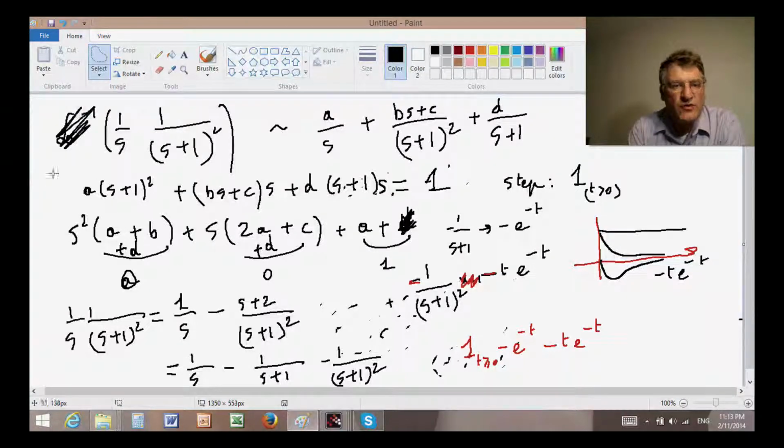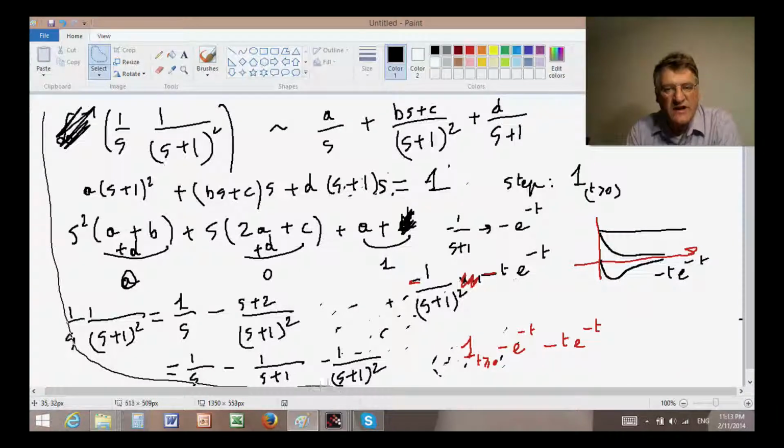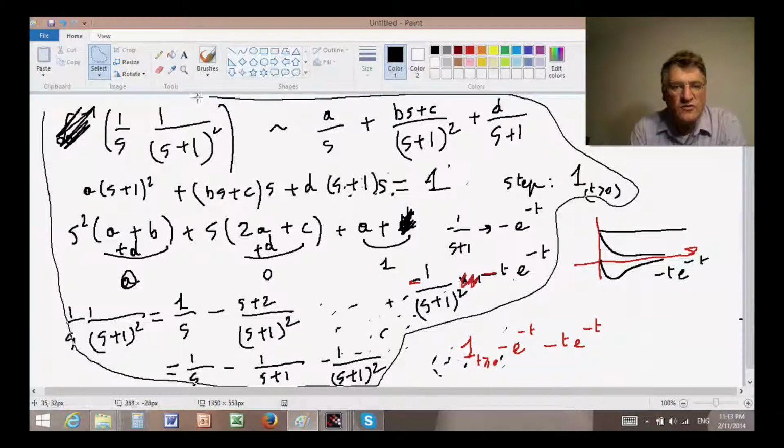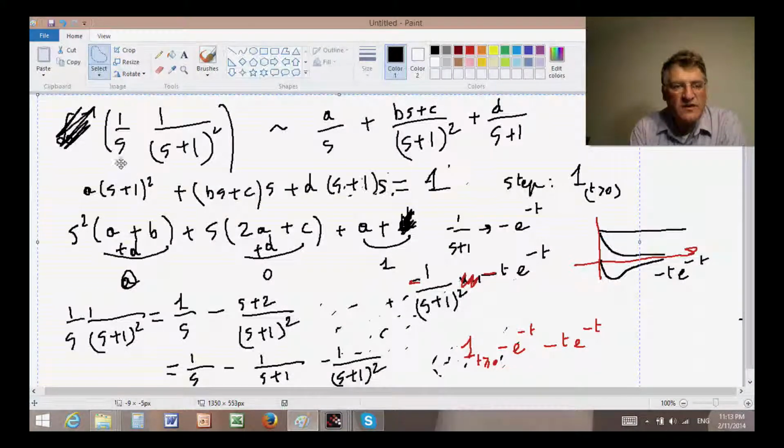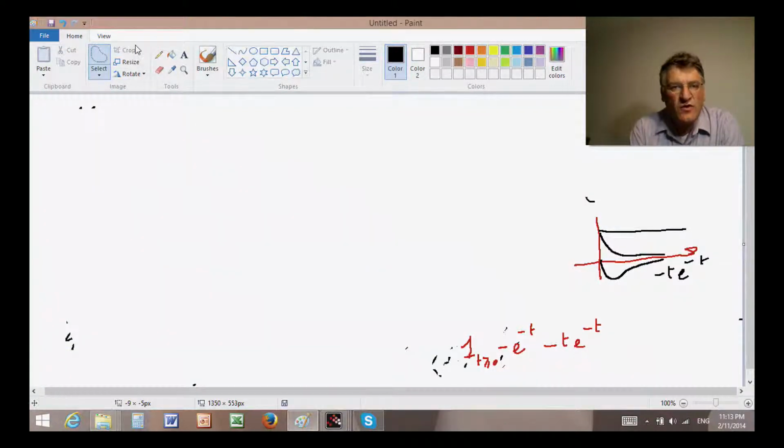So for that purpose, what we can do is first of all erase everything that we don't need, and then do an analysis of what happens. Let me copy this function again, which when t is positive is just 1 minus e to the minus t minus t e to the minus t.